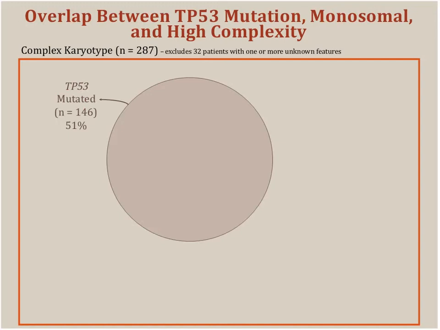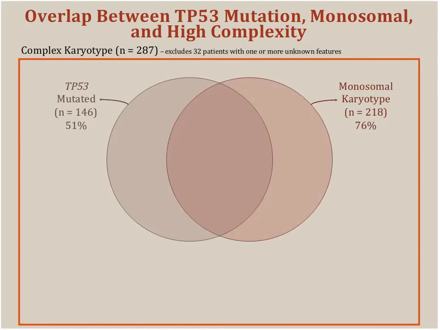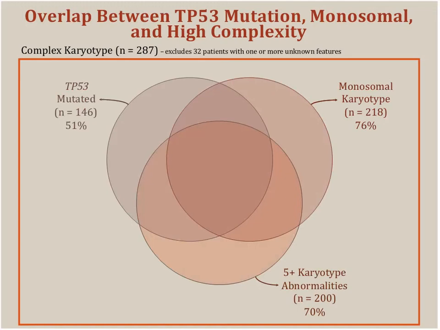Here is the subset of patients that had a p53 mutation among patients who had a complex karyotype. Amongst these patients with a complex karyotype, about 76% had a monosomal karyotype as part of that complex karyotype, and about 70% had 5 or more karyotypic abnormalities.